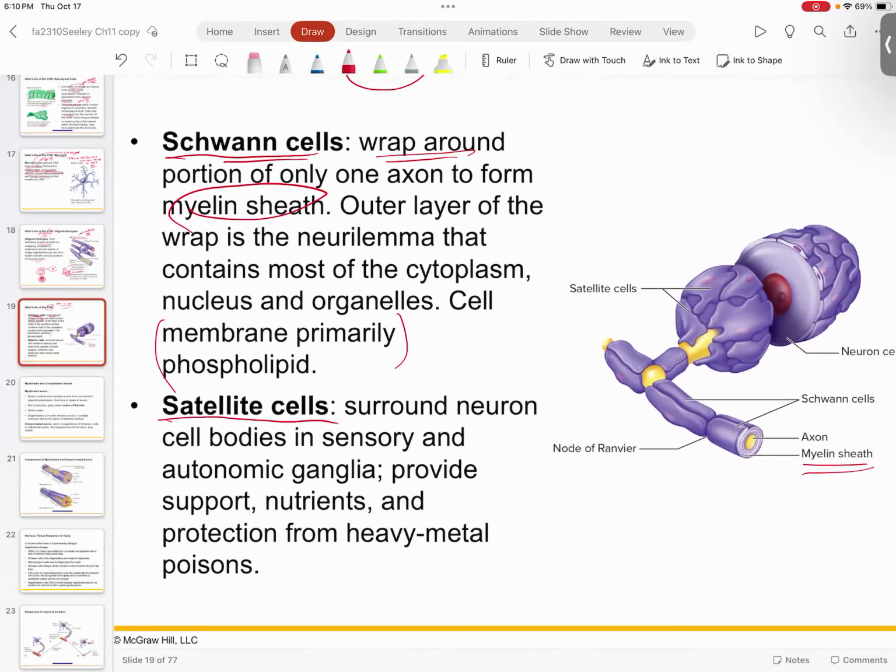This is the sixth type of glial cell, also in the peripheral system. They cover the neuron cell bodies, generally focused on sensory and autonomic ganglia, and their job is to act like astrocytes.